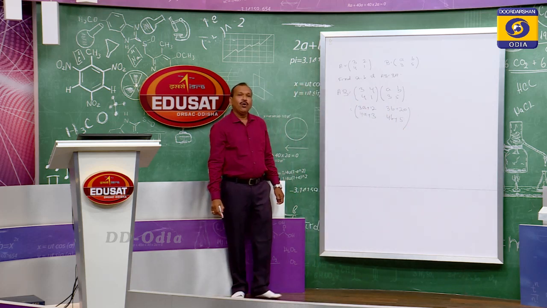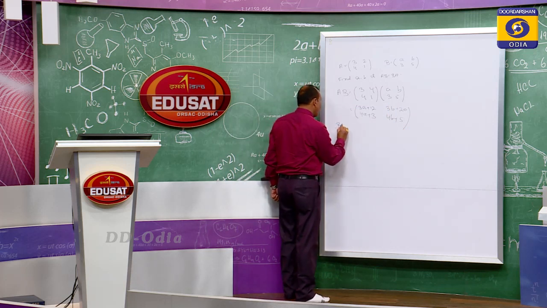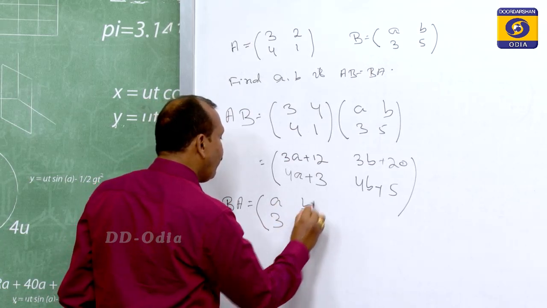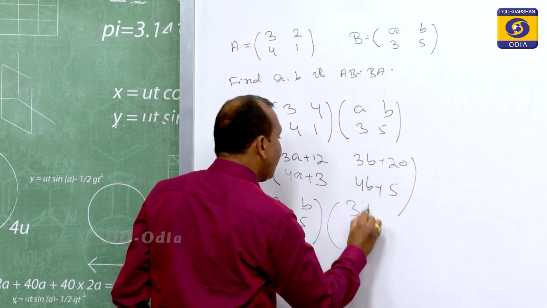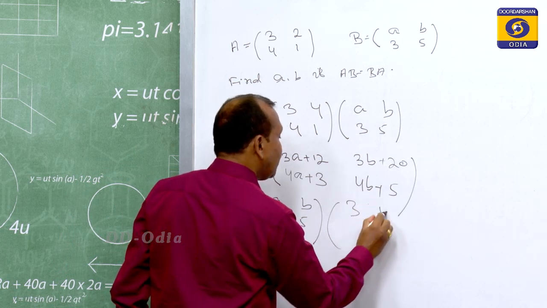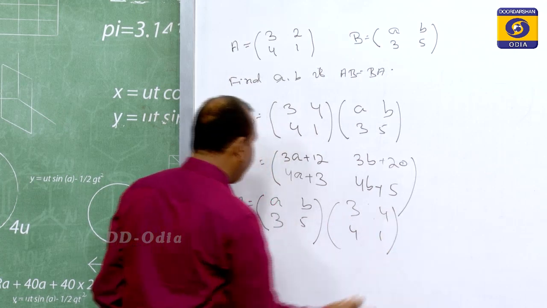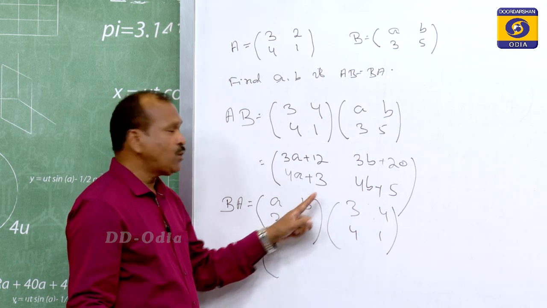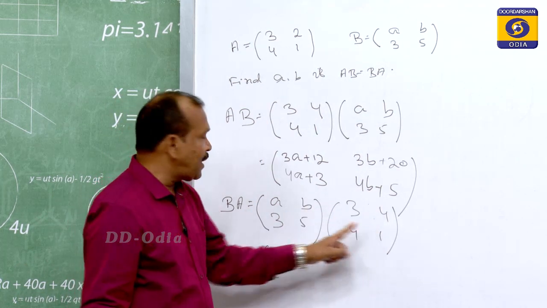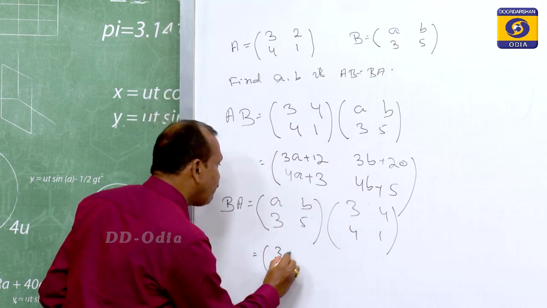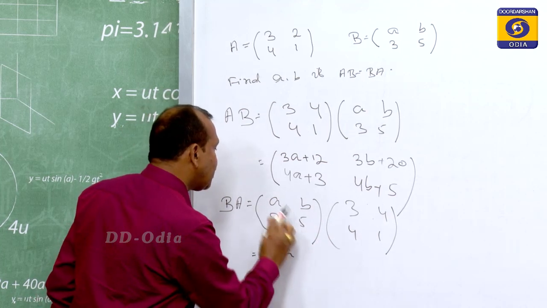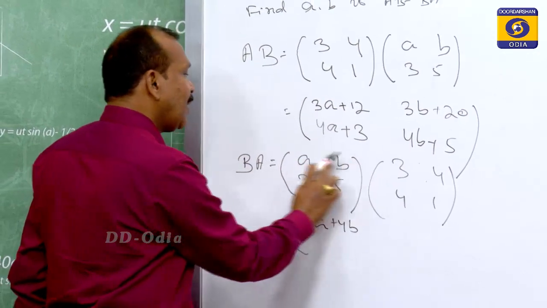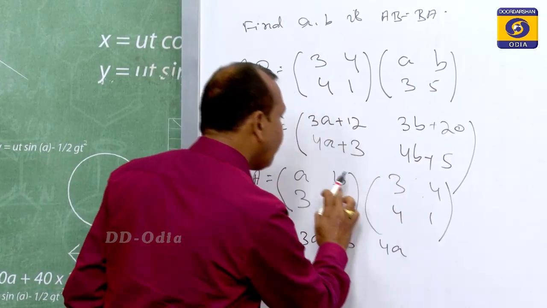Next, we have to find out BA. BA means a b 3 5 times 3 2 4 1. Then we take the first row of the first matrix with the first column and second column of the second matrix. That becomes 3a plus 4b, then 2a plus b.